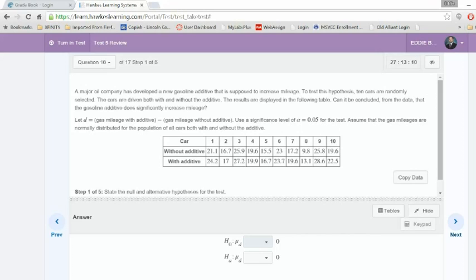Okay, so if there's no change, it would just be a change of 0. But does the additive increase mileage? Now it says let D, the difference between the two, equal gas mileage with additive minus gas mileage without additive. So what you have to do is take car 1, car 2, and find the difference for all of these cars.